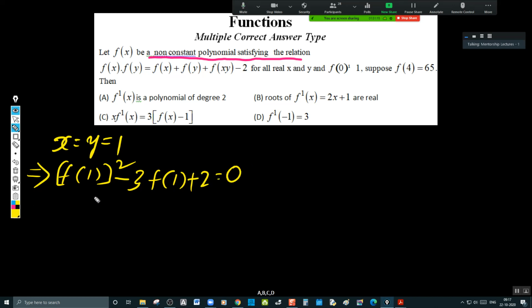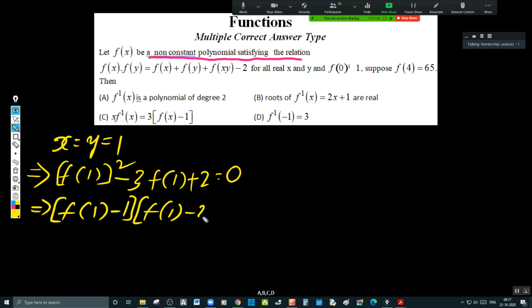Then you can have factors (f(1) minus 1) into (f(1) minus 2) equal to 0.